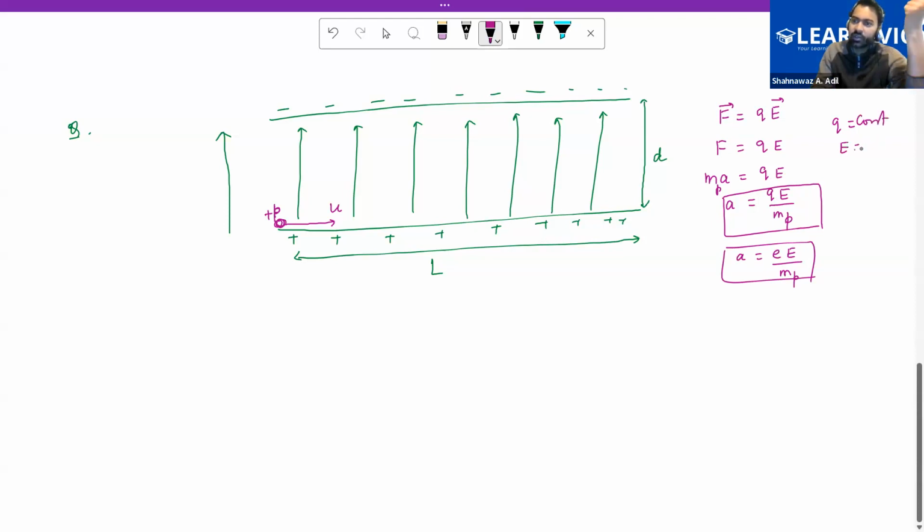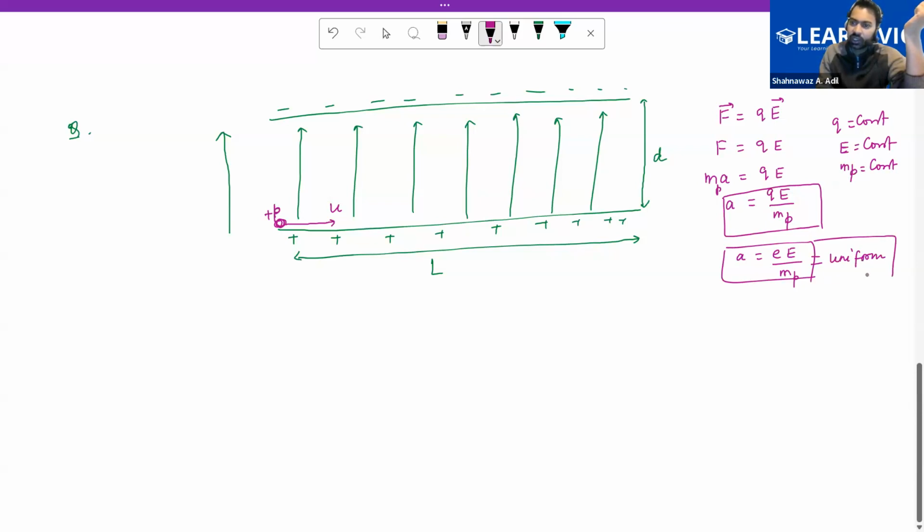E is uniform, so it is also constant. And the mass of the proton is also constant. So this acceleration is uniform.